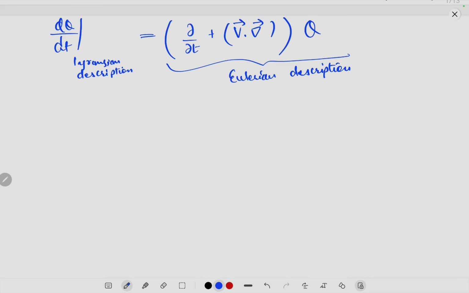So we just found a relationship between the Lagrangian description and the Eulerian description for a measurable quantity q.